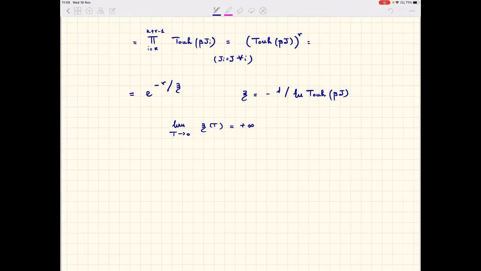Because the tangent hyperbolic is always less than 1, and therefore the log of the tangent hyperbolic is always negative. The log of a number smaller than 1 is a negative real number. You agree with me? The tangent hyperbolic is between 0 and 1, and the log of the tangent hyperbolic is always negative.